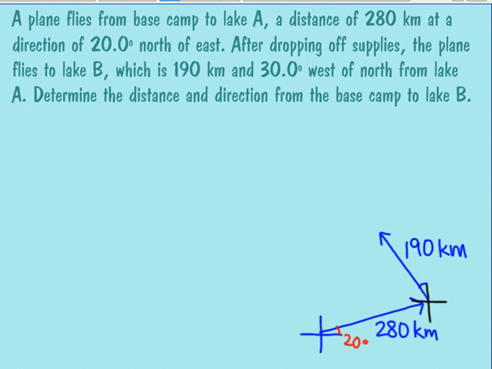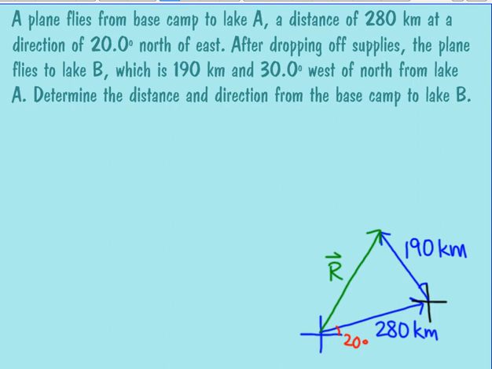The resultant would start at the exact same place that we started the motion, so at the tail of the 280 kilometer vector, and would go toward Lake B. So this is my resultant vector. I'll just call it R for now. As you'll notice, it is helpful to name your vectors with letters.